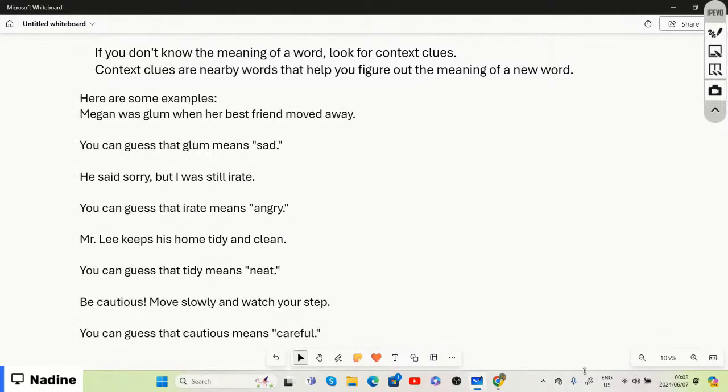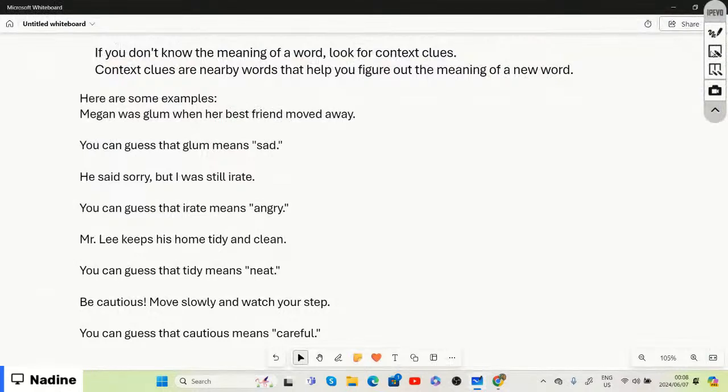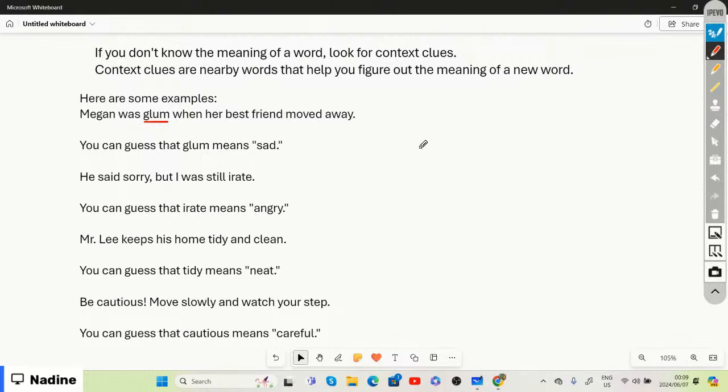So we can then say that Megan was glum when her best friend moved away. If your best friend moves away, how would you feel?